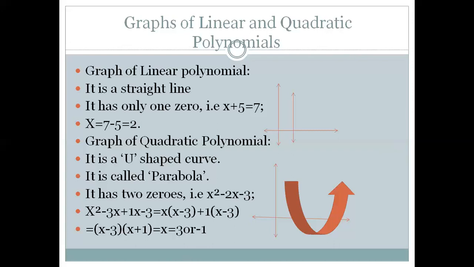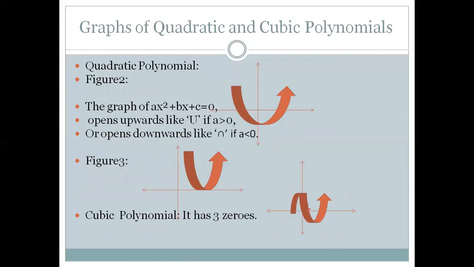Now some other types of the quadratic polynomials. You see here in the previous figure, you have seen that the U-shaped curve is only in one direction. That means the positive direction of x-axis, which is mentioned. That means it has two zeros and both the zeros are on the positive direction of x-axis.